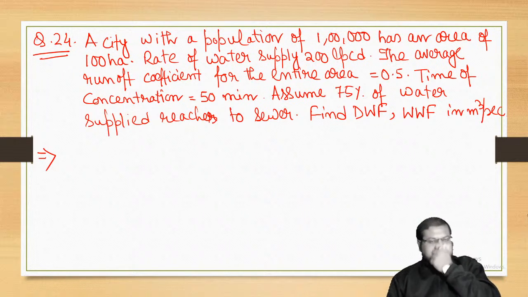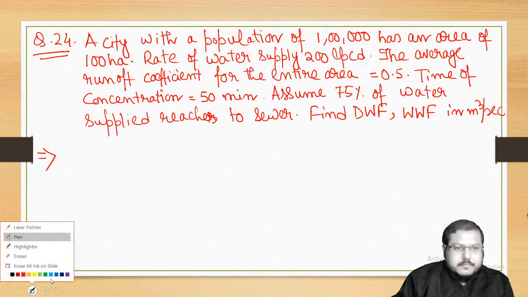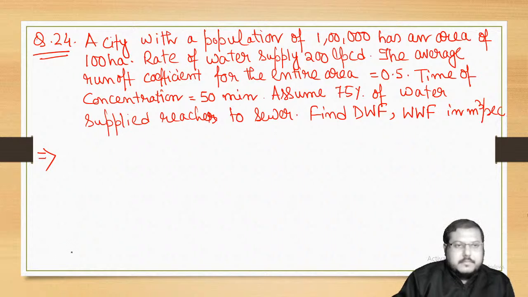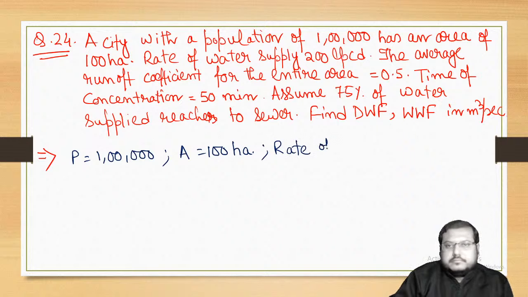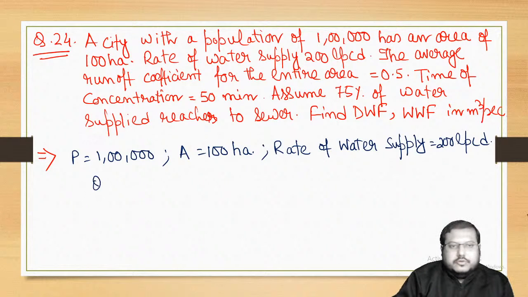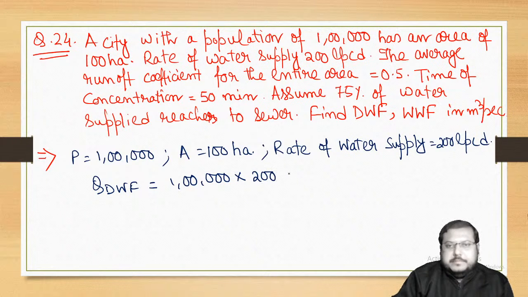Let's solve the question. So first is QDWF, that's population into rate of water supply into factor 0.75 meter cube by 24 into 3600 meter cube per second.